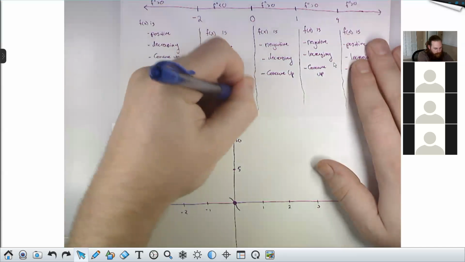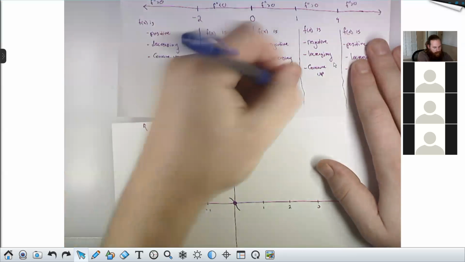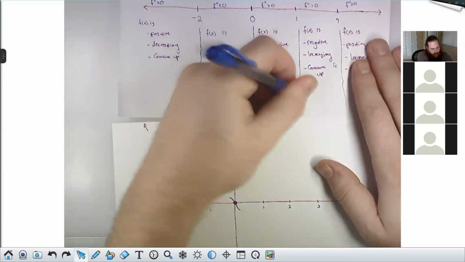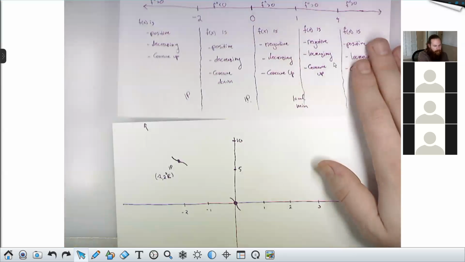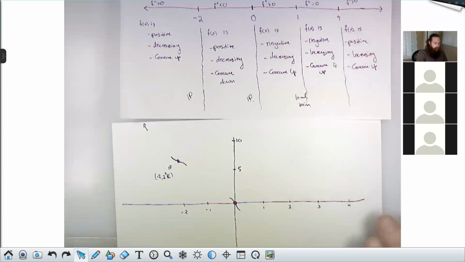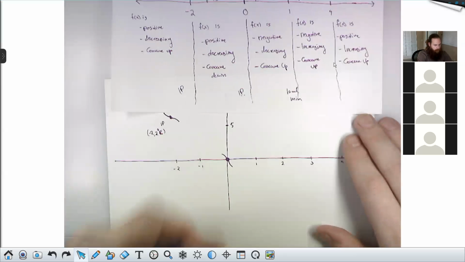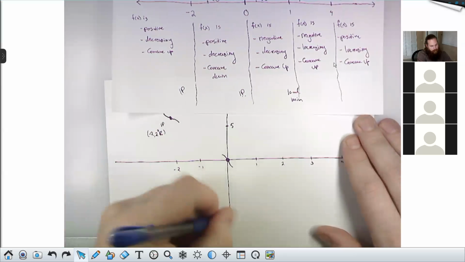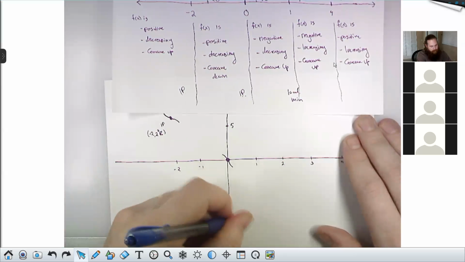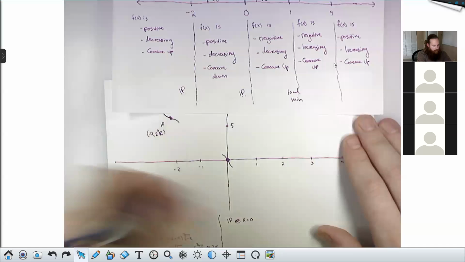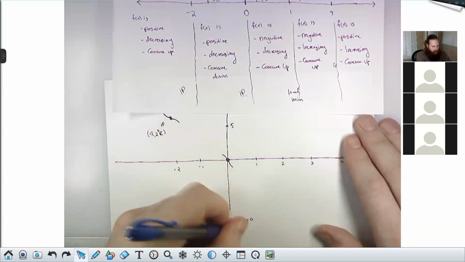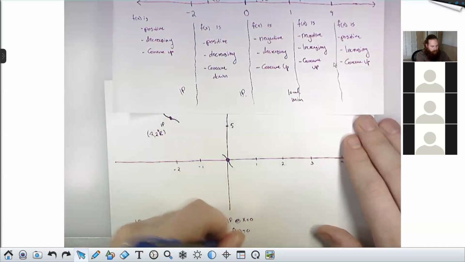At 0, I had an IP. And at 1, I have a local min. And I need to find that y value. So I had another IP at x equals 0. F of 0 is 0. So the point here was just 0, 0, nothing interesting.